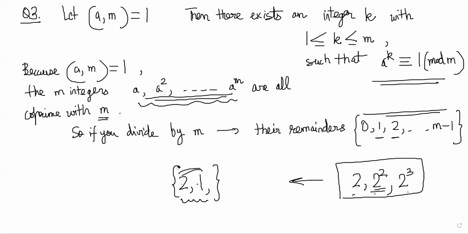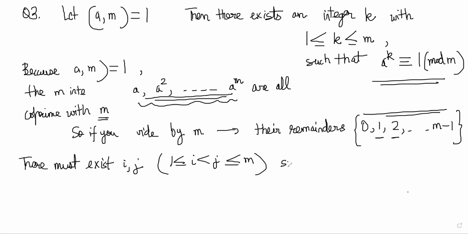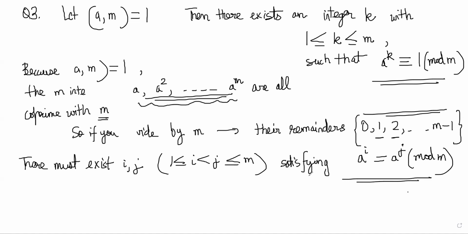Once you have a complete residue system, what you can say is there must exist i, j where 1 is less than i, less than j, less than or equal to m, satisfying a power i is equal to a power j mod m. Why?